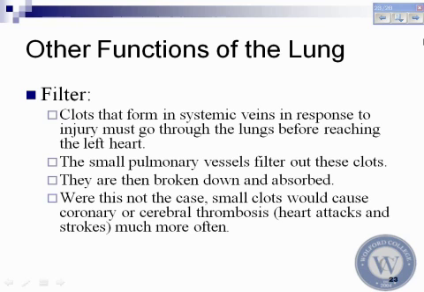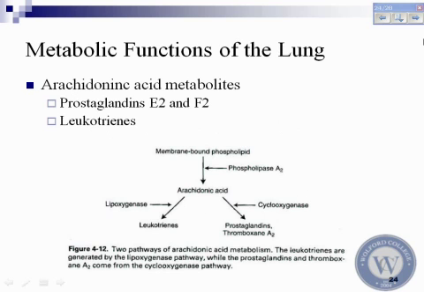But if it's a large enough clot, then you develop what's called a pulmonary embolus and it can cause death. But small clots would cause coronary or cerebral embolism if they transfer from the right to the left. So patients that have patent foramen ovales, which is around 20 to 25% of individuals, can have that take place. So the lung has a very important function in that respect.